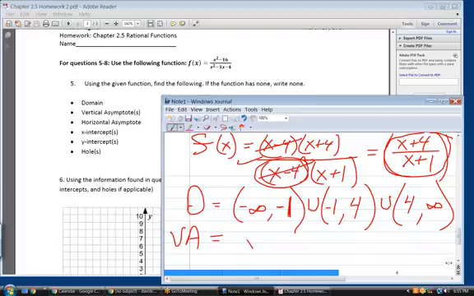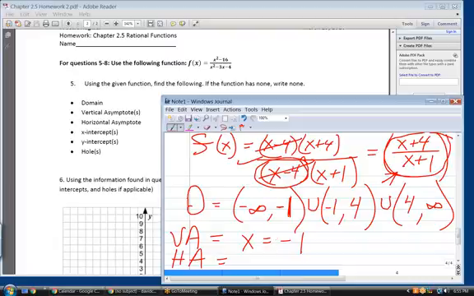So where's my vertical asymptote? The vertical asymptote would be at -1. Correct. Because you equal the denominator to 0, correct? Well, if I look at this function up here, the one I've circled, yes. I cannot have x be minus 1. That is a vertical asymptote.